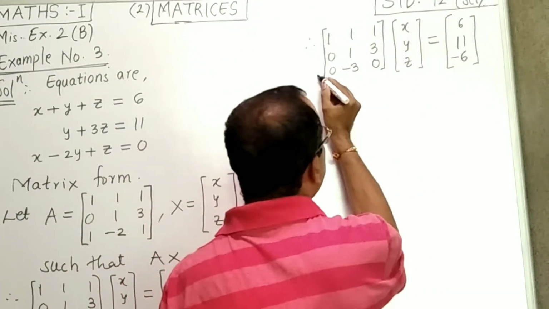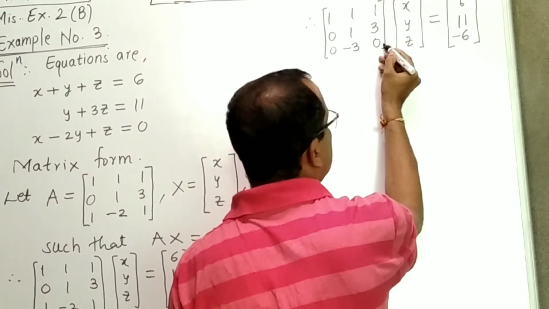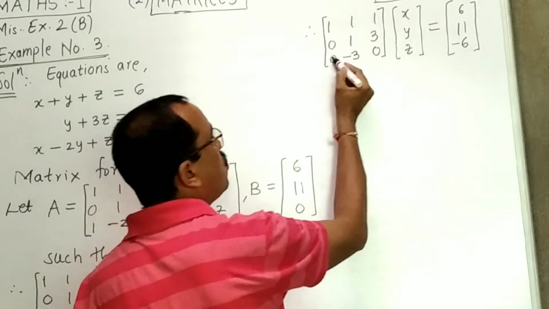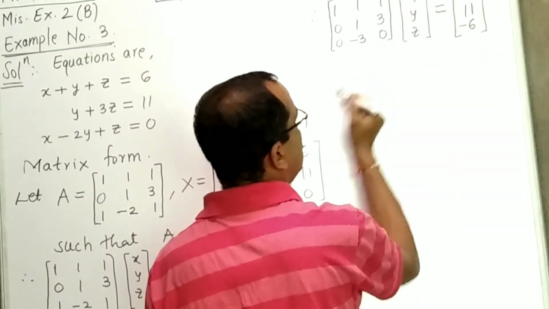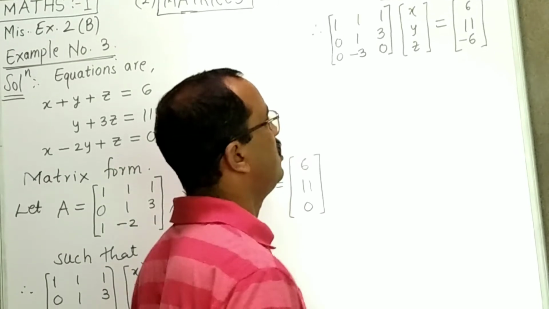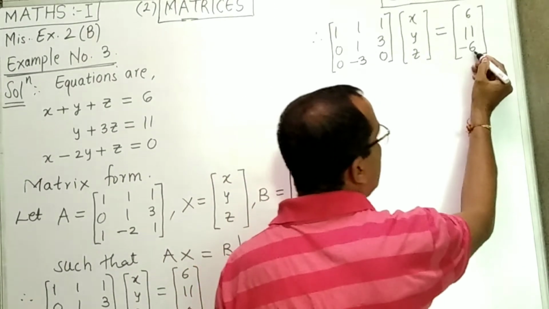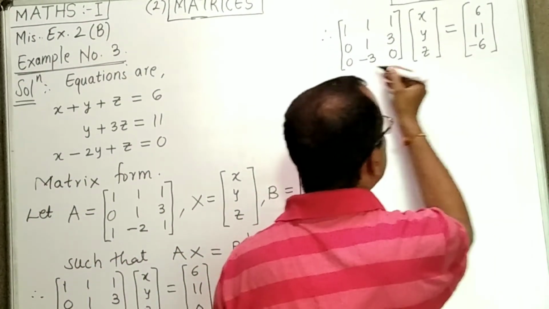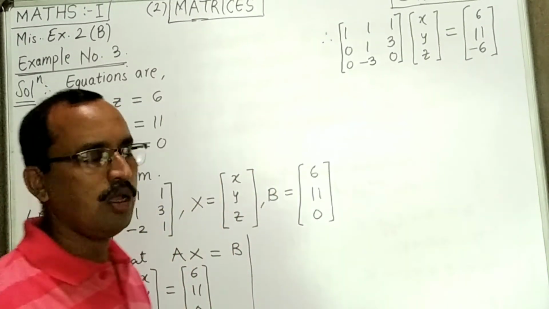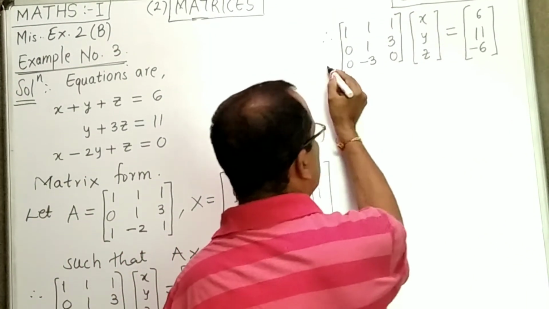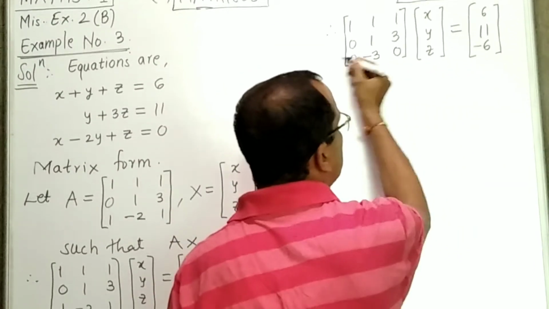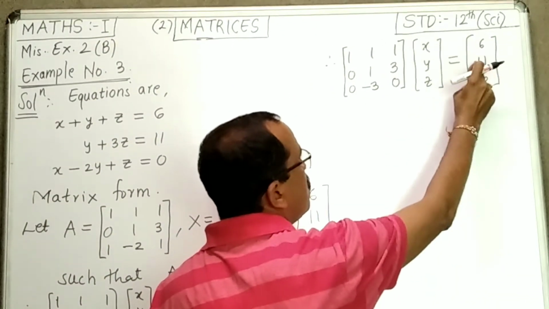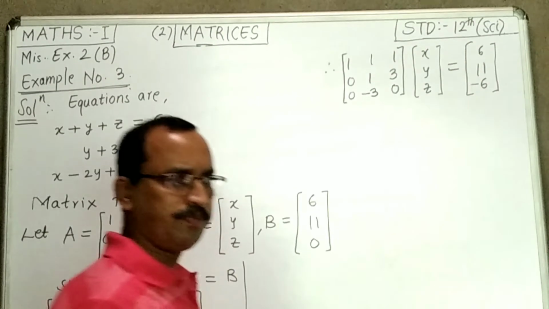That means if we multiply this third row R3 to this matrix XYZ, then we get 0x minus 3y plus 0z, and in the right hand side the third row is minus 6. Definitely using this third equation we get the value of y. So if we get 2 zeros here in row number 3, it is sufficient to find the value of y, then value of z, and then value of x.